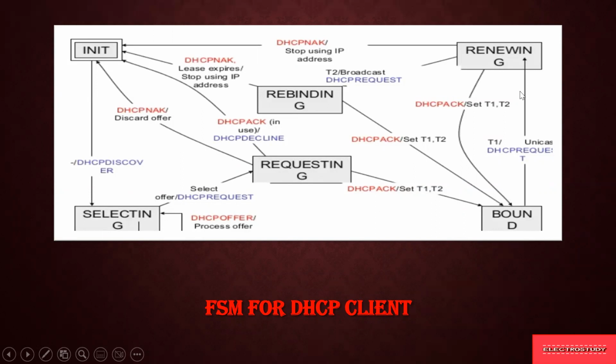When it goes to renewing, it is said that DHCP is acknowledged and the lease time is 50% expired. When acknowledgement is received, some information has to be obtained by the server or the client. So it will be waiting for the lease time that is provided to complete. If it is a positive acknowledgement, the message will be received and it will stop.